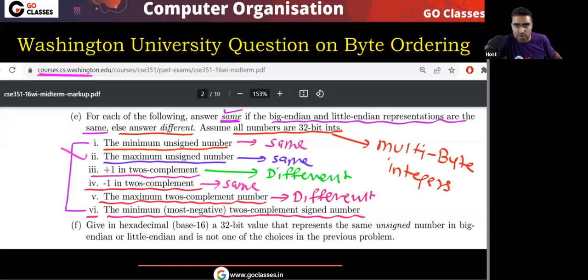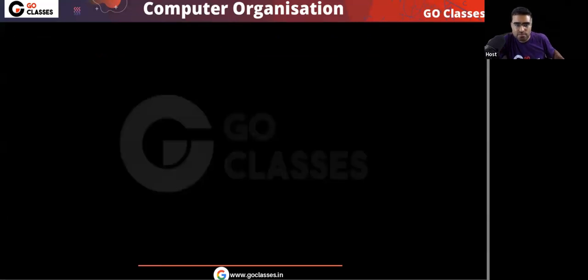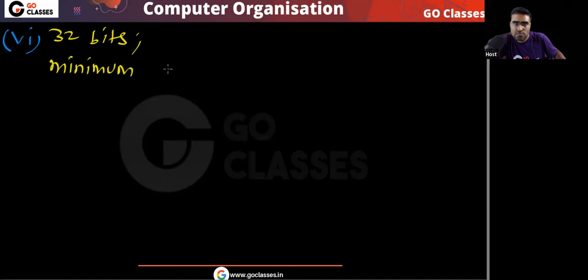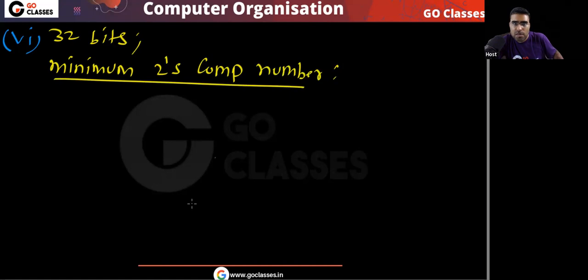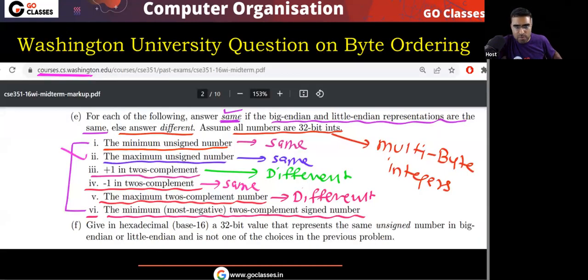What is the minimum 2's complement signed number in 32 bits? What is the minimum 2's complement number?